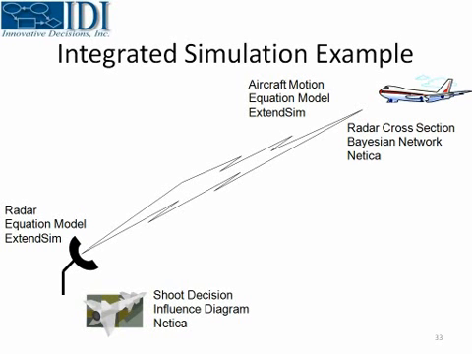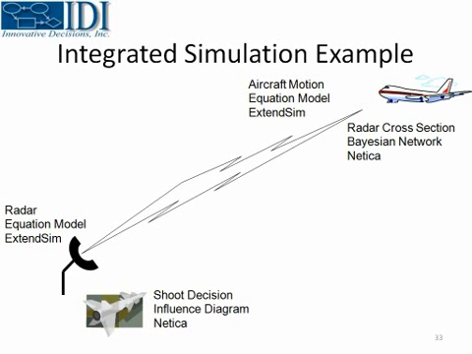You can see it's a four-part model with different pieces modeled in different packages. There are good equations to model radar range, so I modeled that in ExtendSim. ExtendSim does very well with equations of motion, so the movement of the aircraft was modeled in ExtendSim.